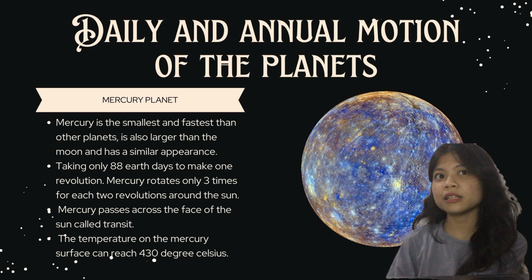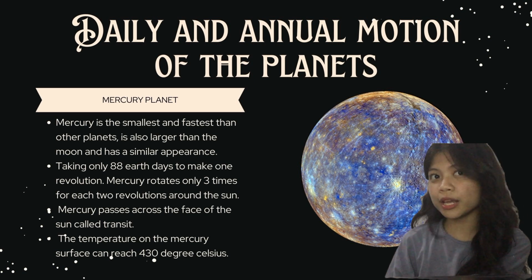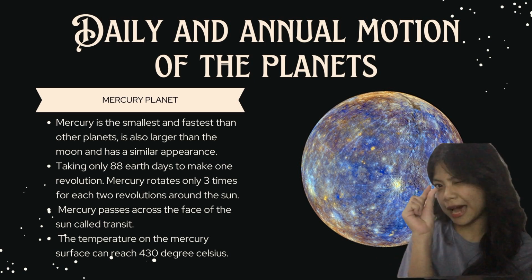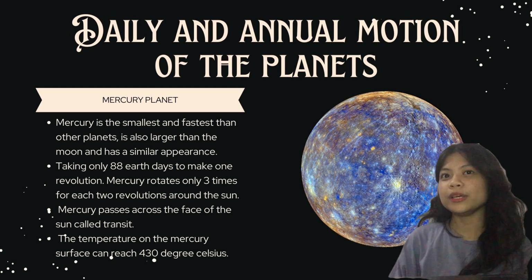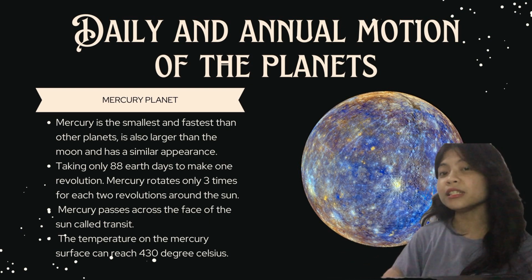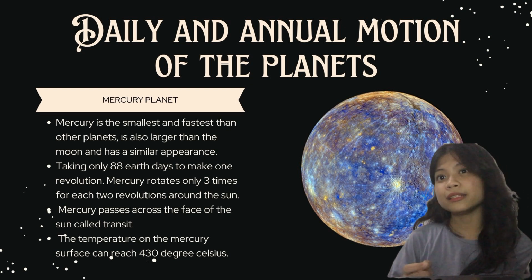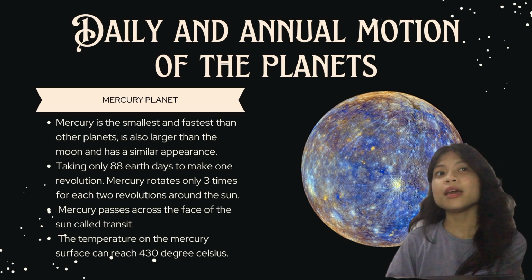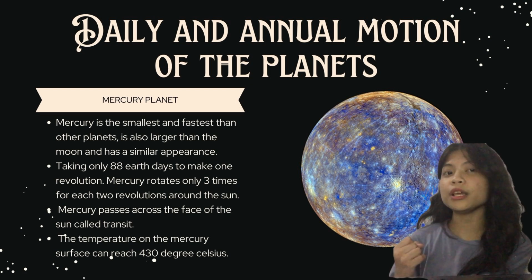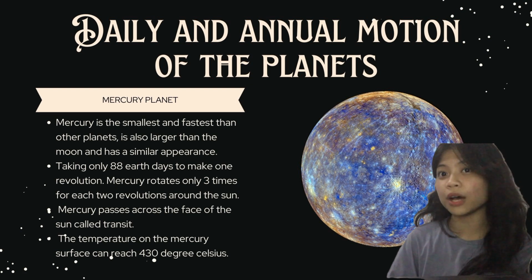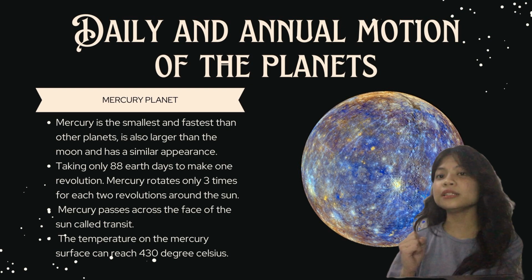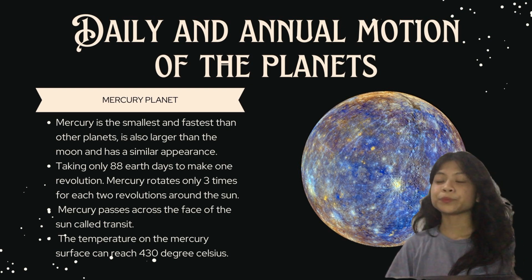During transit, yung Mercury, nagiging maliit siya na dot na umiikot sa Sun, and these transits are rare. The first two transits of Mercury in the 21st century occurred on May 8, 2003 and November 10, 2006.